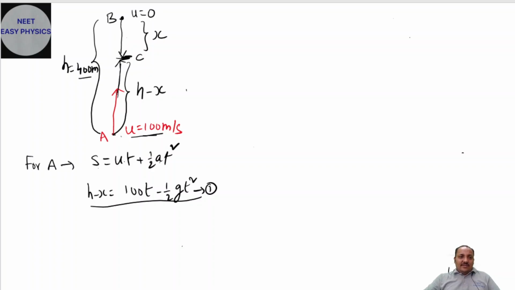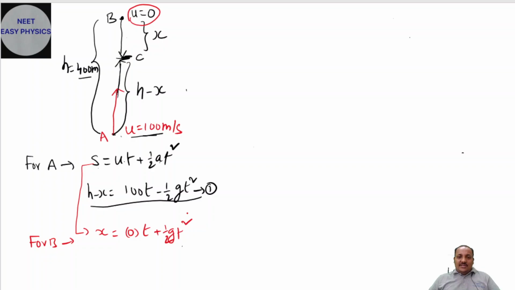Next, if you want to write for B, B is a freely falling body. What is the initial velocity for a freely falling body? They have dropped it, therefore U is 0. How much distance is it covering? We apply this formula: S, that is X, is equal to 0 into T plus half G T square.